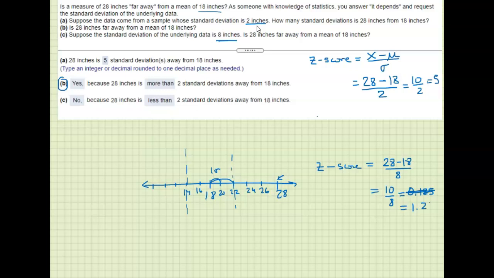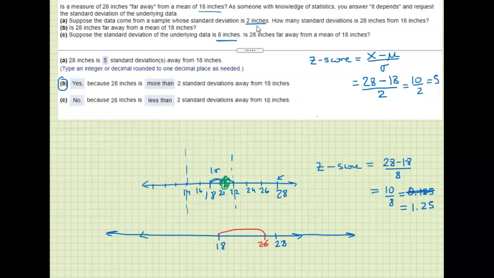I missed the button. Okay, because this is smaller than 2, looking at the graph here, about 1.25, we're about here. It's a different graph, because we have different standard deviations. We have 18, we have 28, so 18 is the center, but now each standard deviation is 8 units. 18 plus 8 is 26, that's 1 standard deviation.